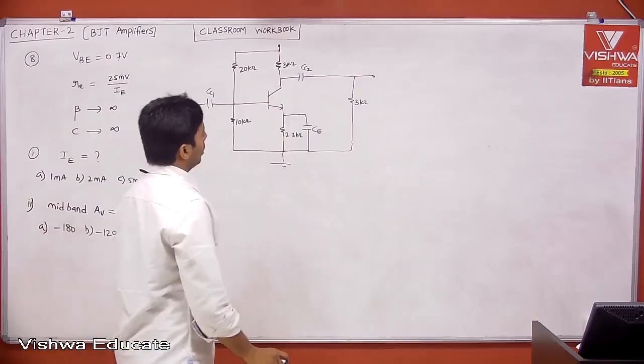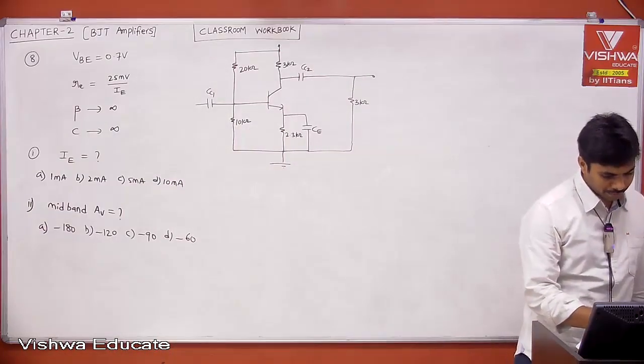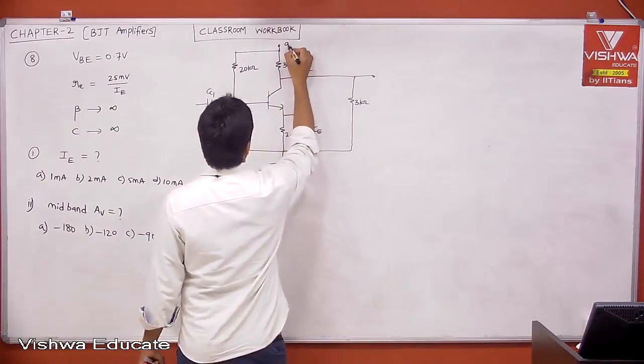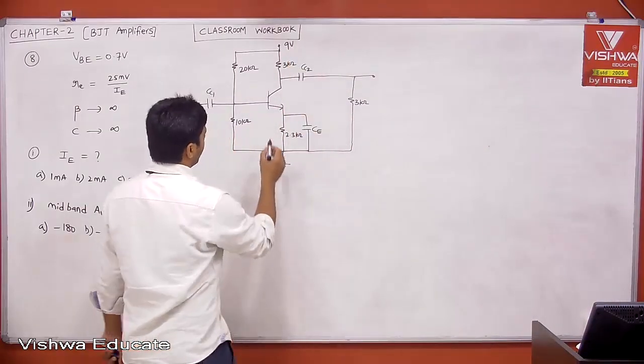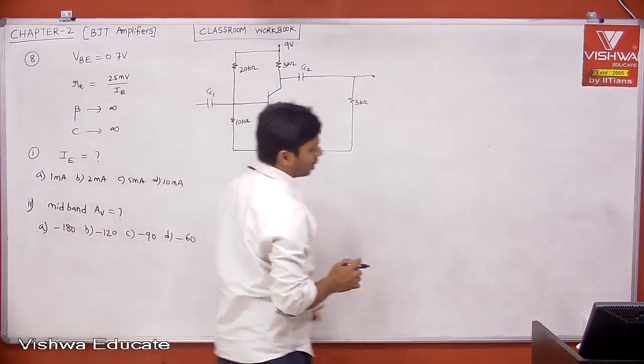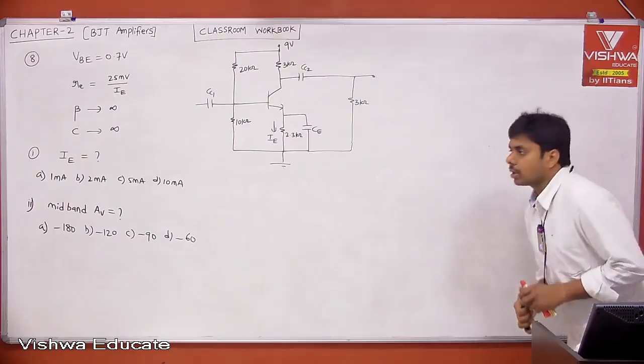Okay, and the power supply. Yeah, power supply is 9 volt. Therefore, this is what is given. Right? And this is nothing but your IE, the DC current. Okay, that is represented. Therefore, try to think.